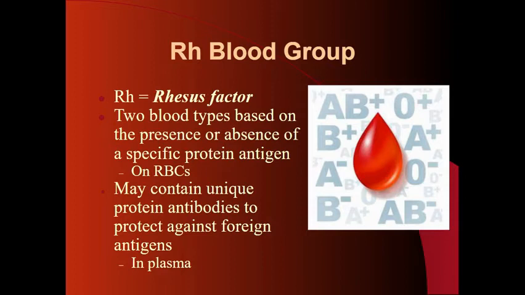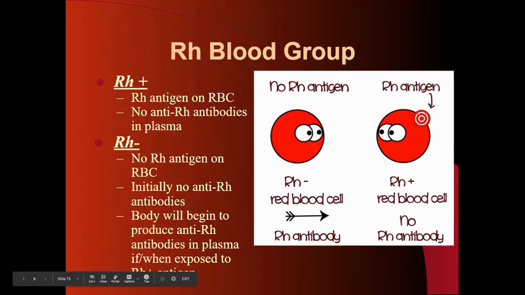You may contain unique protein antibodies to protect against foreign antigens in the plasma, depending on what your Rh factor is. Someone who is Rh plus has an Rh antigen on the red blood cell, but they have no anti-Rh antibodies.